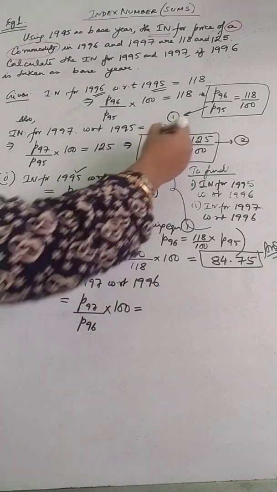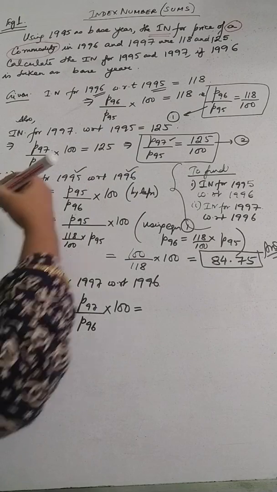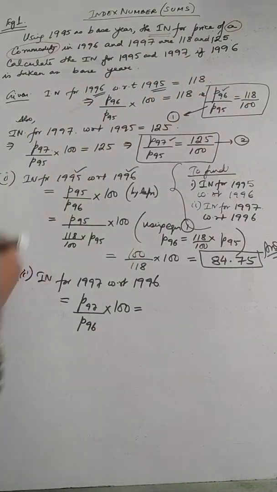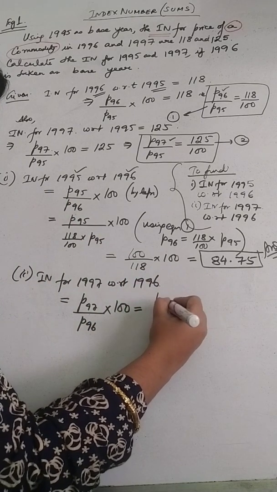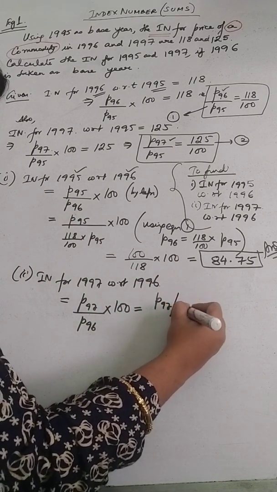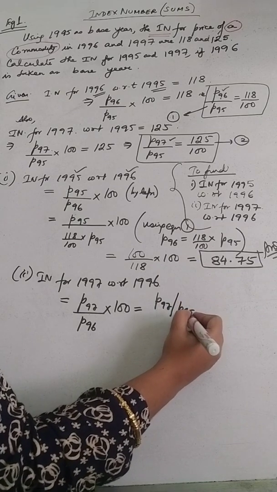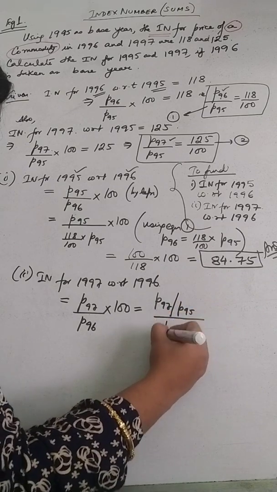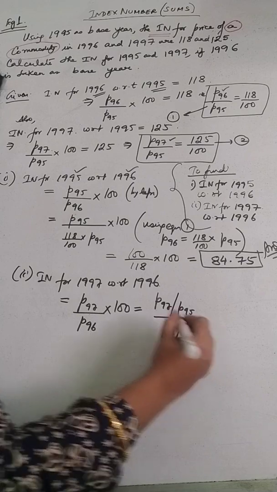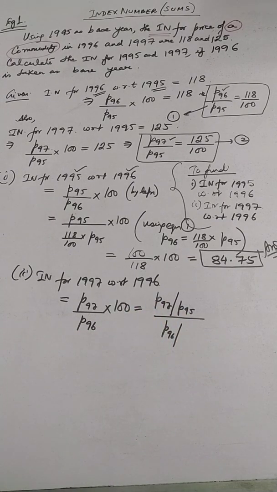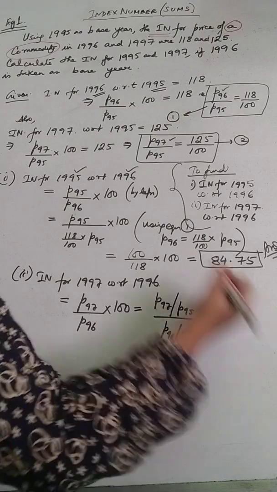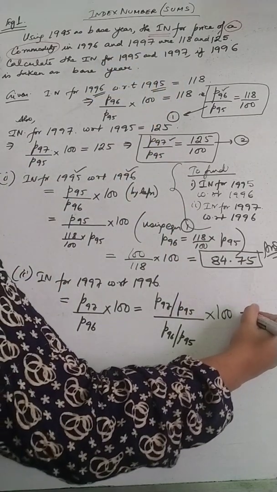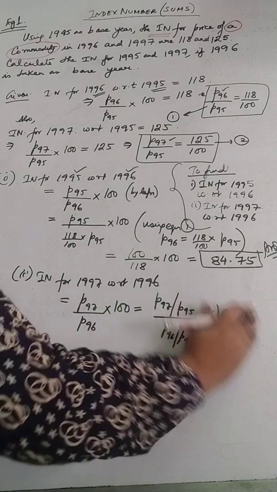How will we get it? Notice P97 is in the numerator, P96 is in the numerator over here. P95 is common in the denominator. So what I'm doing is, I'm doing P97 by P95, and here I'm writing P96 by P95, into 100 is kept as it is, so that I can put those values over there.